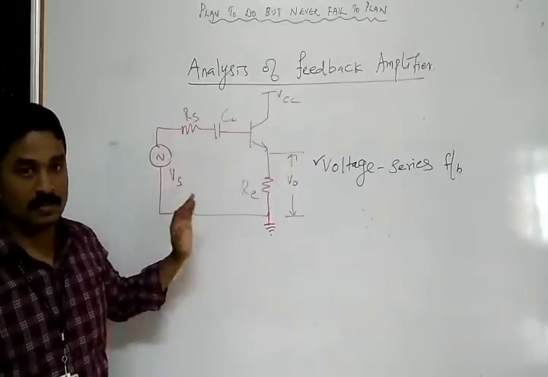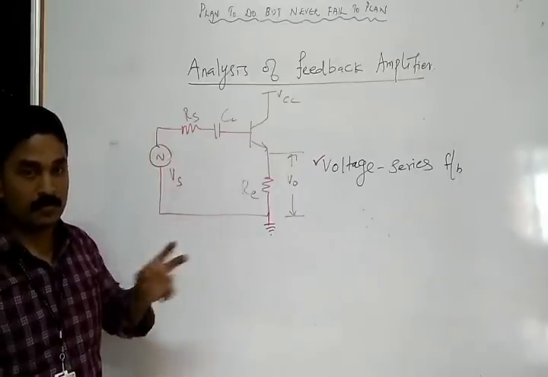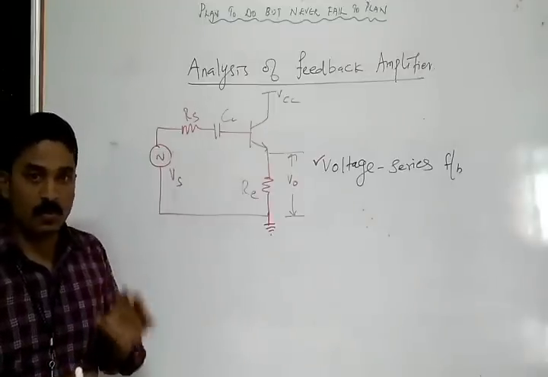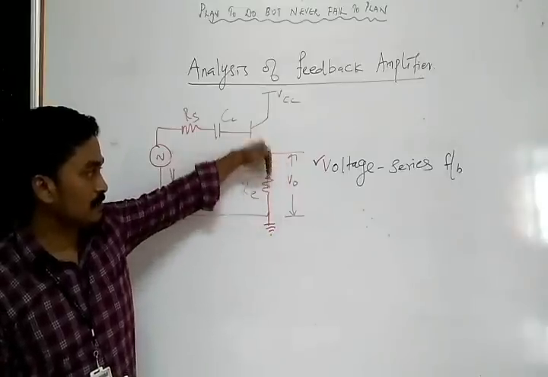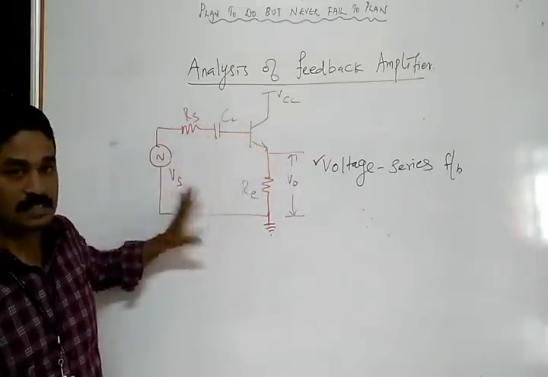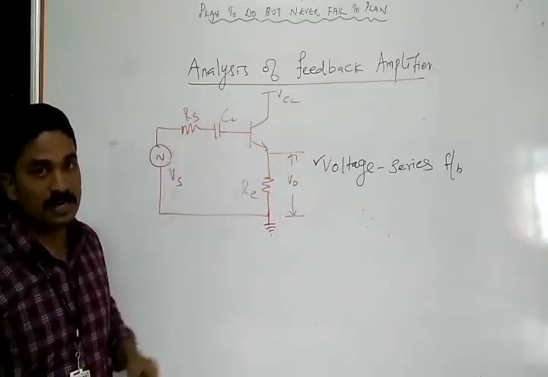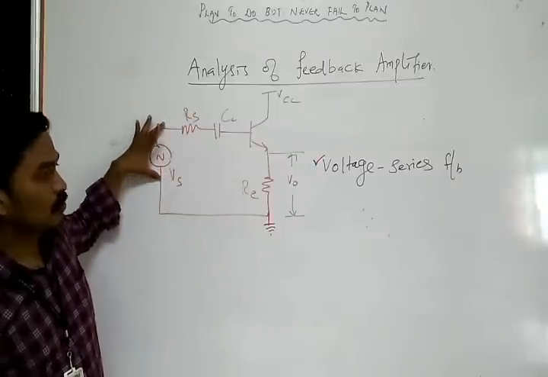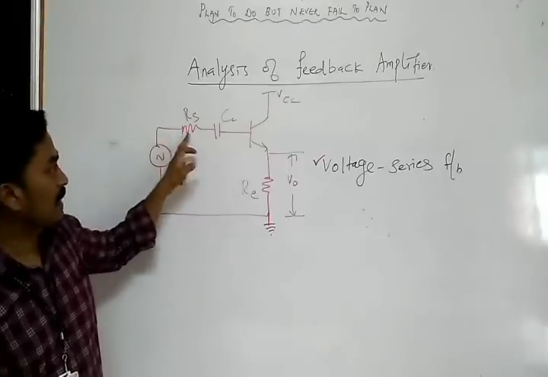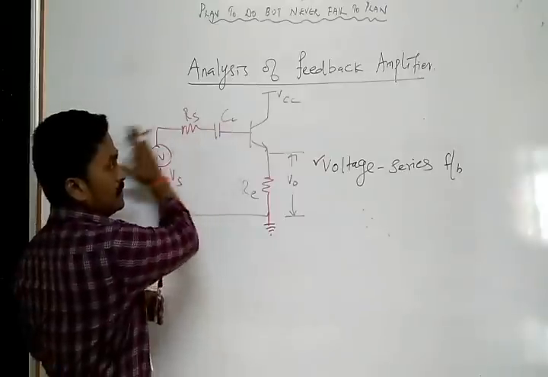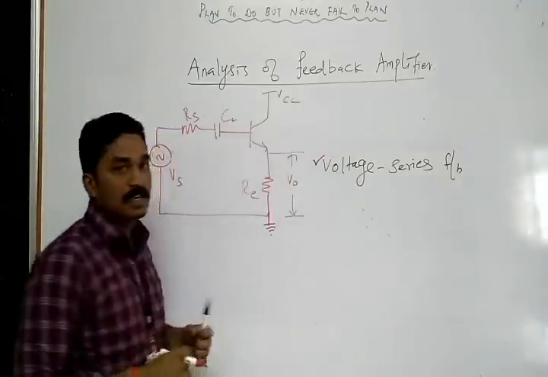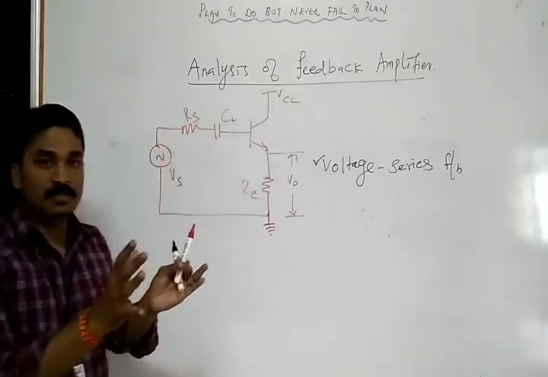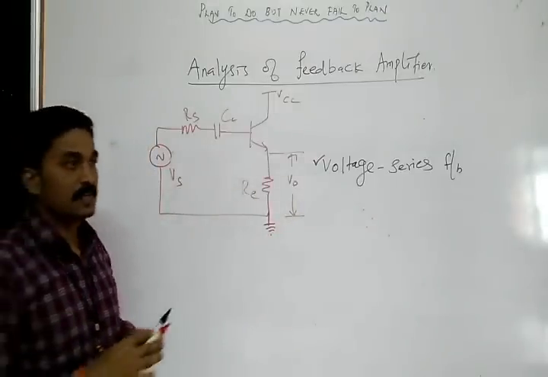To get the input side circuit, if this is voltage sampling, short the output voltage and write the remaining things at the input side circuit. Similarly, if this is series mixing, make the input side loop open by making input current I equal to 0, and write the remaining things at the output side. You will get the input side circuit and output side circuit. Clear?